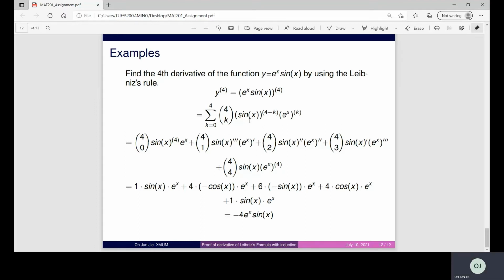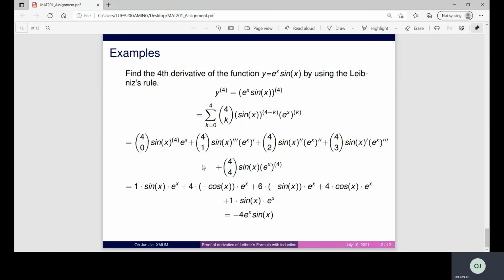For sine x, the derivative 4 times will be sine x, the derivative 3 times is negative cosine x, the derivative 2 times is negative sine x, the derivative 1 time is cosine x, and the derivative 0 times is sine x.